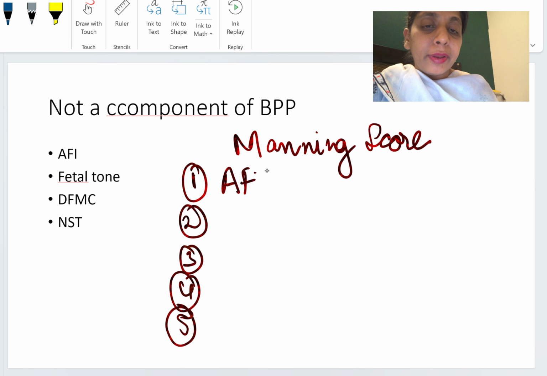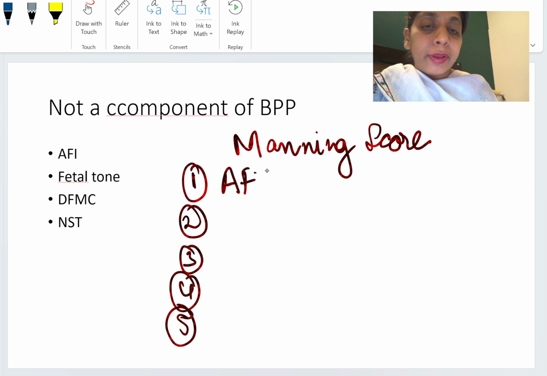And at number 3, 4 and 5, what are there? This one you have to learn independently, because last time in INICET they asked what the modified biophysical profile is. So this you have to learn. Okay, the modified biophysical profile is AFI and NST.